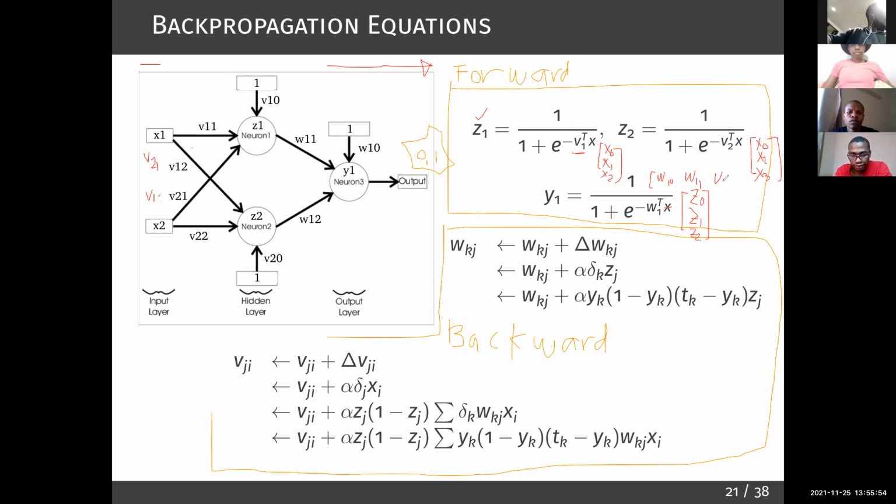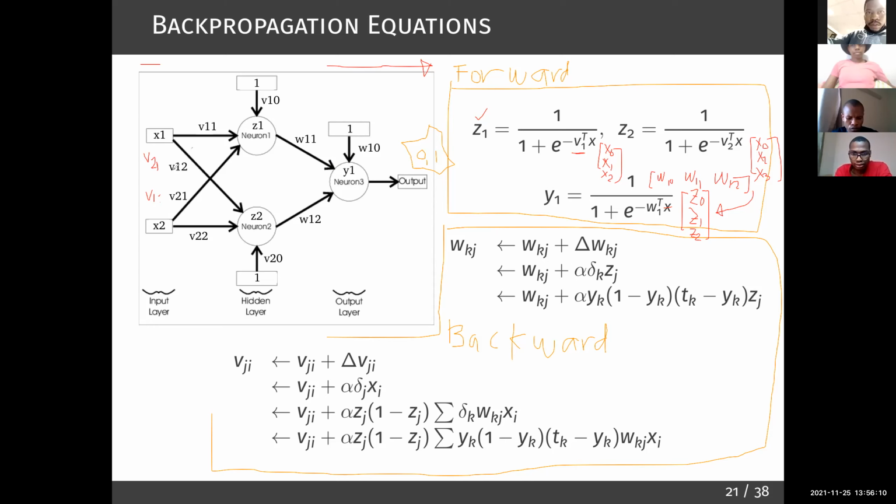Then it gives you the output y1. I hope this feed forward is clear.